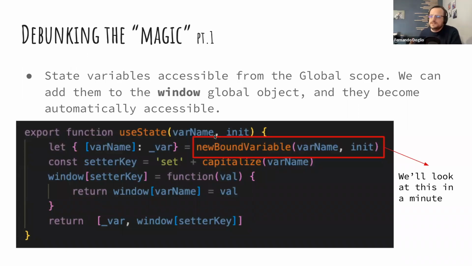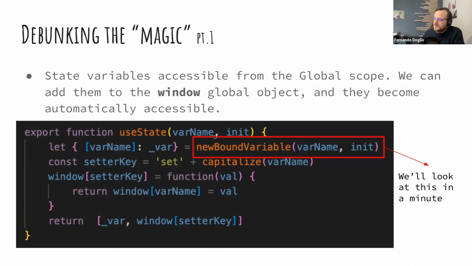So first part of debunking the magic, essentially, the use state hook. Obviously, I'm not using the use state hook from React. I just called it the same to keep the code look alike. But the use state hook has to create this state variable, make it globally accessible, and then create the setter function, because it's also going to return that, and make it globally accessible as well.